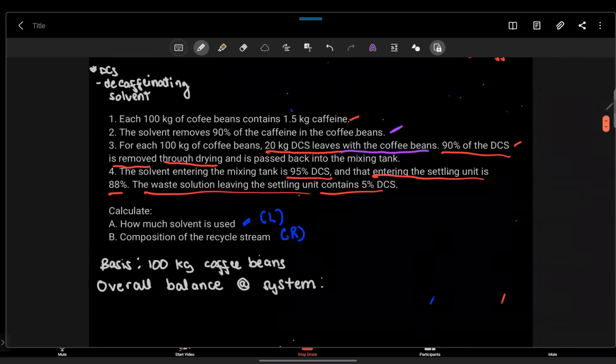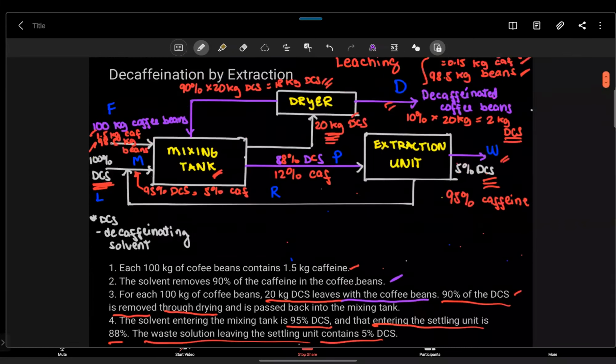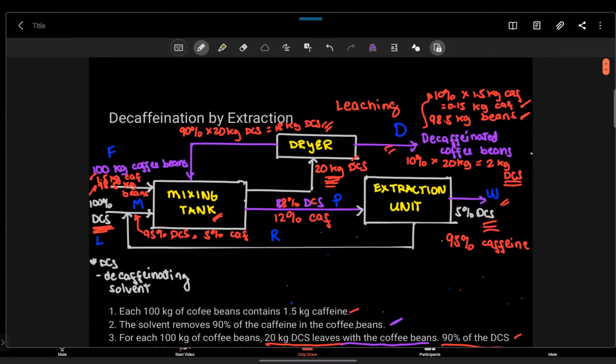So, pag kinonsider mo yung whole system natin as a single unit, pinagsama-sama mo si mixing tank, si dryer, si extraction unit, therefore, ang mga pumapasok lang na materials doon sa considered single unit, which is the entire process, ay ang mga sumusunod, di ba?